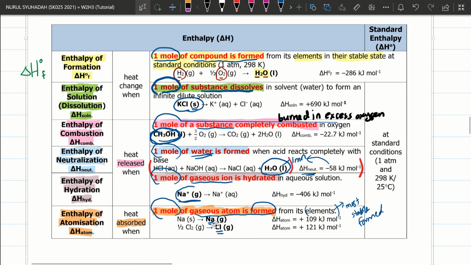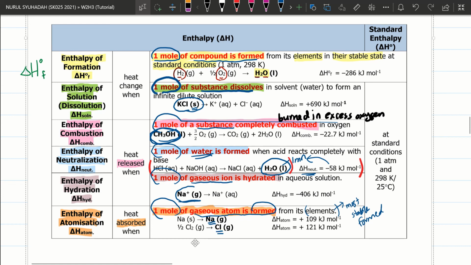So for example, sodium. We want to form 1 mole of sodium gas. The most stable state of the sodium element is Na solid. It's not Na liquid, not Na gas, but Na solid. The same goes for Cl.